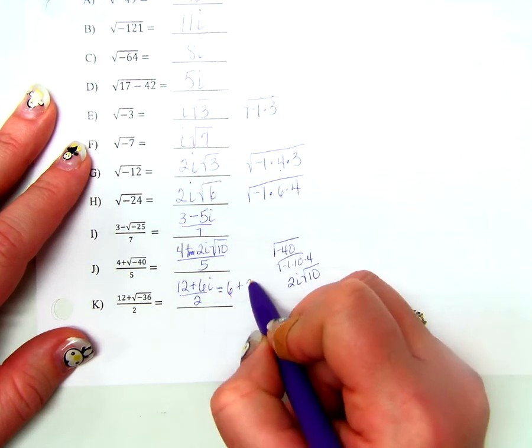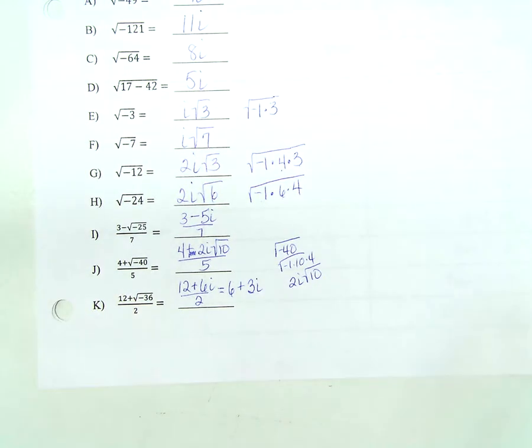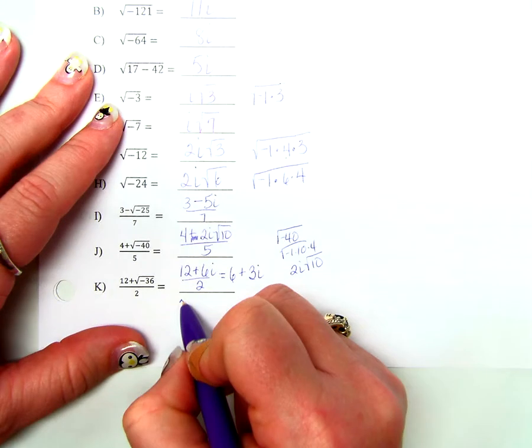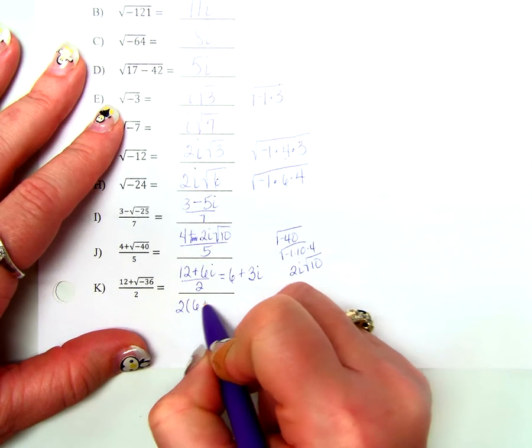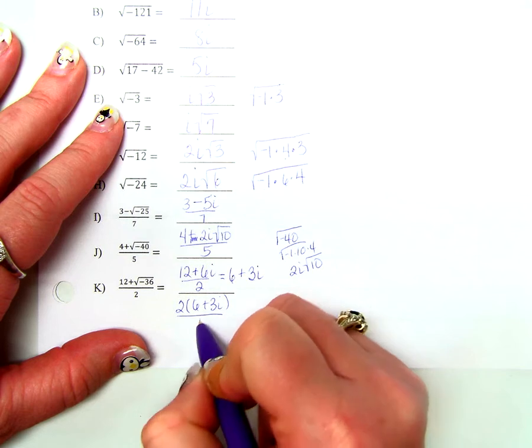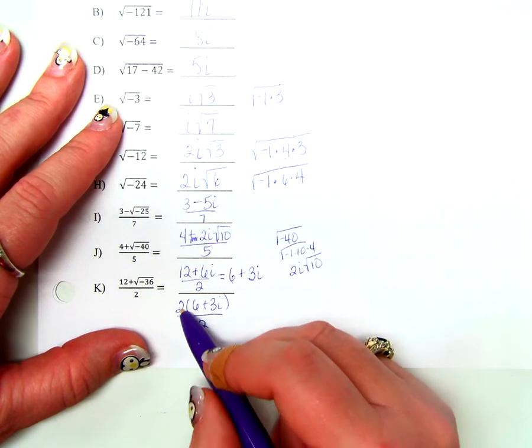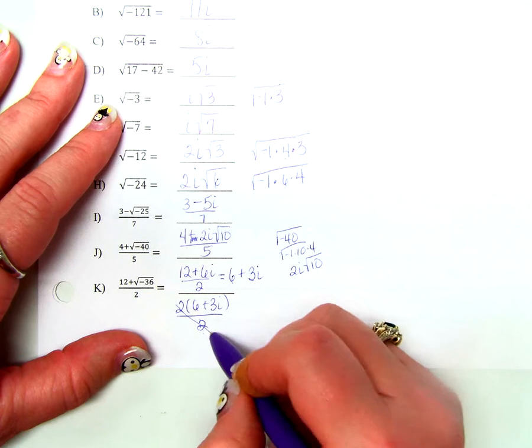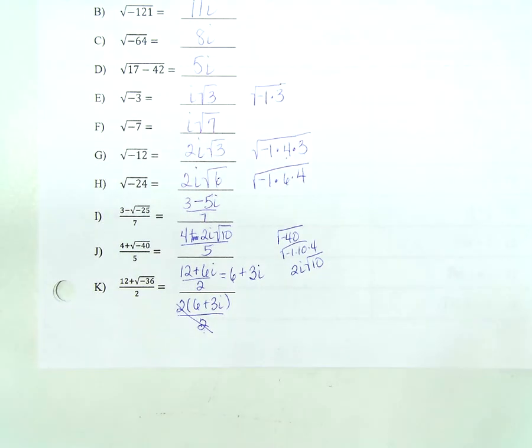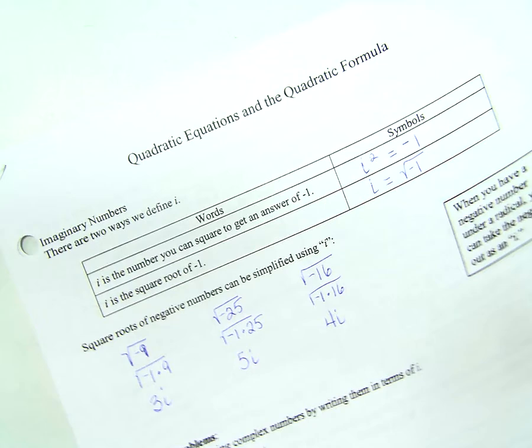Six plus 3i? Because remember what happens is I took a 2 out of each term in the numerator, and factors can cancel, can't they? Factors simplify to 1, don't they? And what's left is 6 plus 3i. We okay with that? Okay.